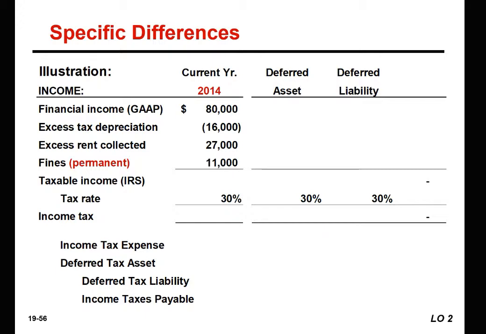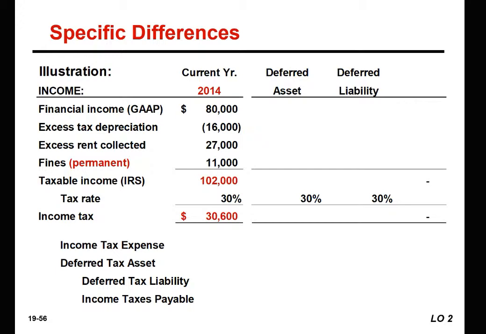And then we need to add back those fines that are permanent. That's going to give us taxable income of $102,000. So at a 30% tax rate, the amount of income tax that we will remit to the IRS is $30,600.